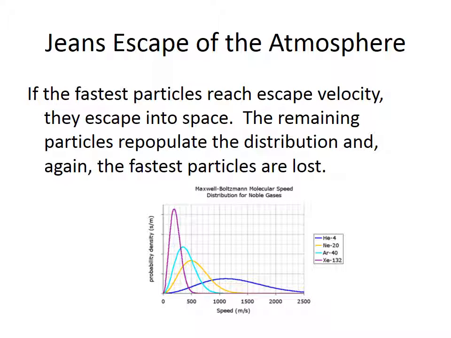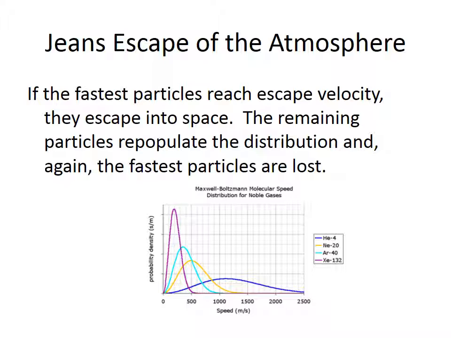When these fastest particles escape into space, the remaining particles repopulate the distribution just at a slightly lower total level, and again, the fastest particles are lost. An atmosphere will bleed off its lightest gases over time. This is why our atmosphere is nitrogen and oxygen and the like, and not lighter hydrogen and helium.